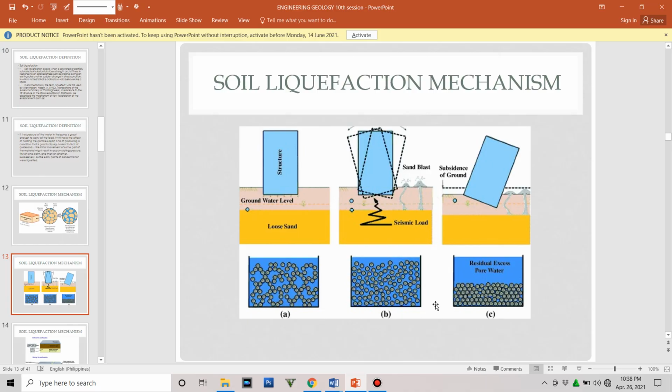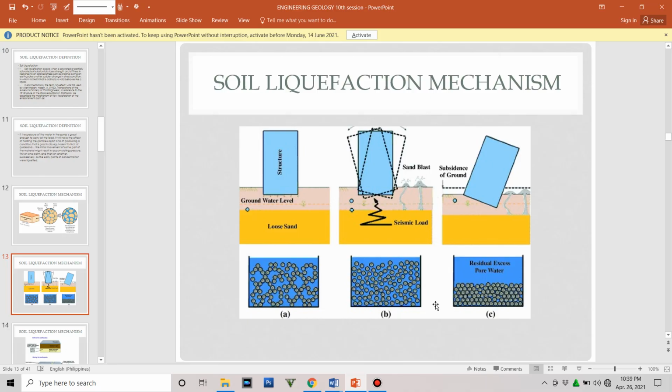So loose sand yan na compact. Of course, kapag may structure dyan, the loose sand will tend to consolidate. So consolidate meaning nadidrain yung tubig kapag loose sand. Kapag clay, mahirap madrain yung tubig, and that is too bad. Okay? So stable pa lang siya dito.